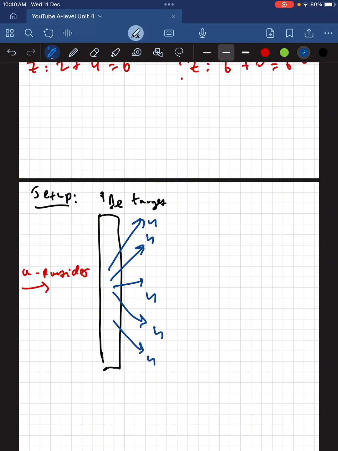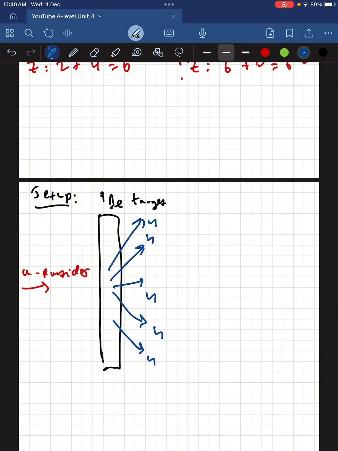Now, neutrons are neutral. They have no electrical charge, okay? So how do you detect them? You make them collide with some target, okay? It's sort of like the neutron is like the cue ball in billiards. So you hit the cue ball against object balls, and then the object balls move.